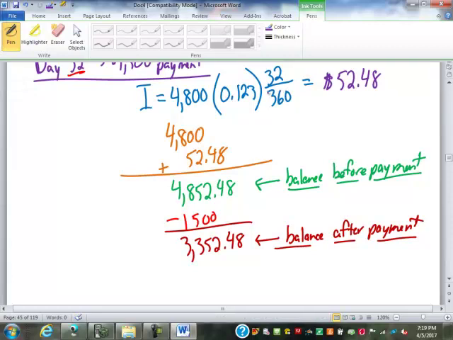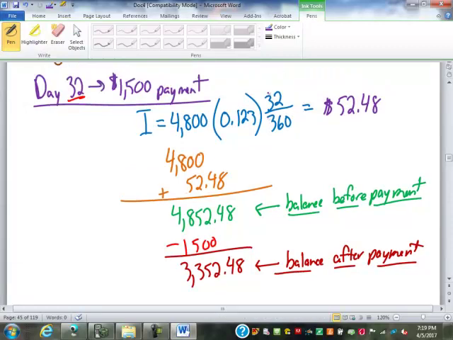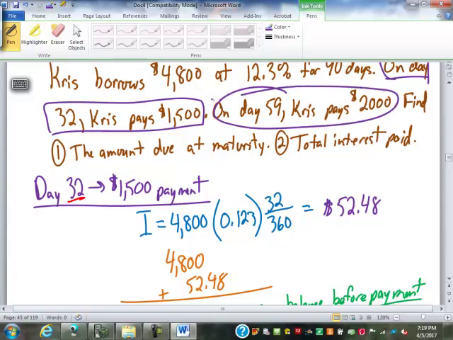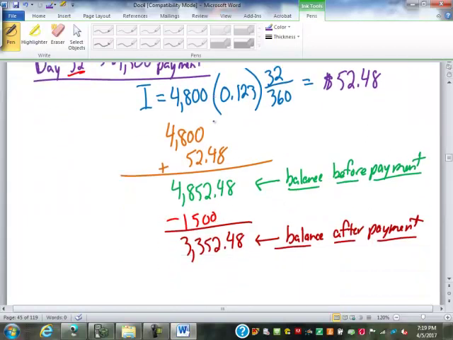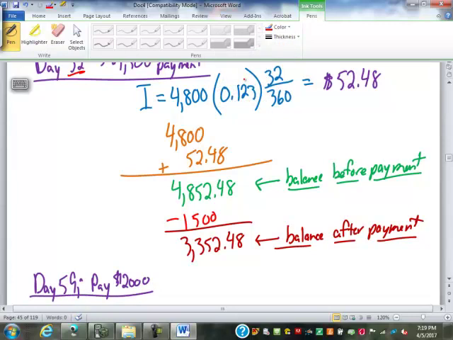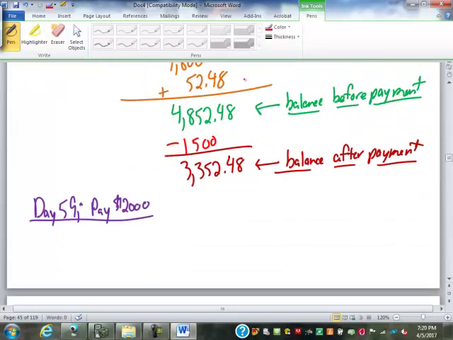What's the next action on the note? Day 59, she pays $2,000. So it's actually 27 days later, is that right? Exactly. The first thing we have to do is figure out the days: 59 minus 32 is 27 days.